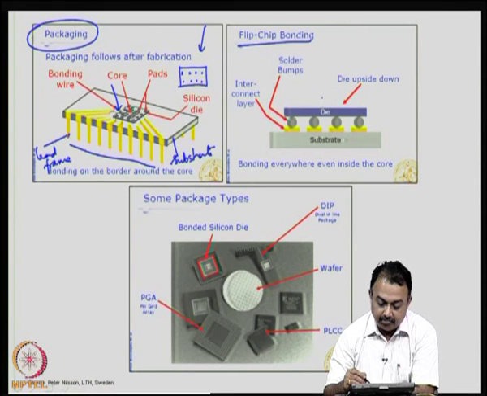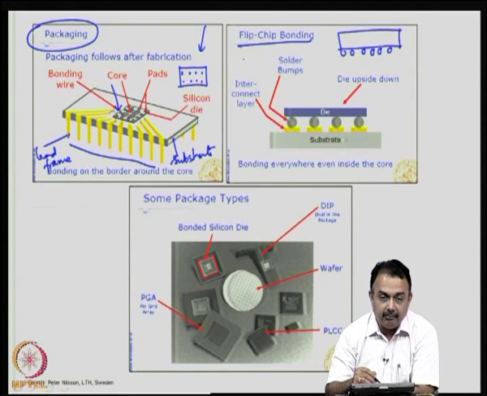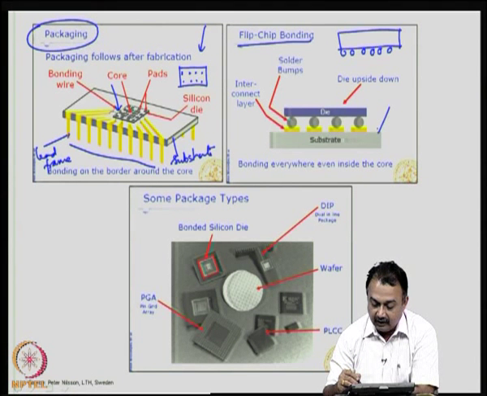Now, in this flip chip bonding, basically you can see this is the die and the bond pads are at the bottom because we are flipping the chip over. That is why it is known as flip chip bonding. So, basically you have a substrate and this is the bond pad on the substrate, then you have the die upside down, and at the bottom of the die you can see solder bumps.